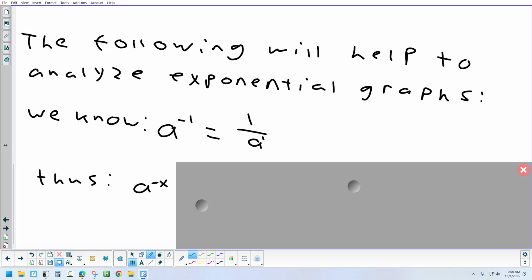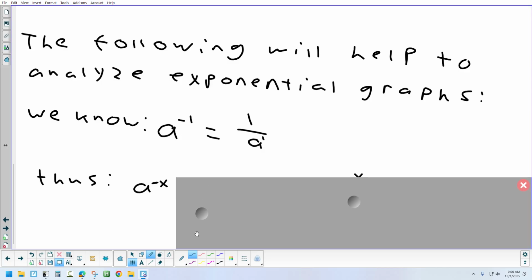Well, what does that symbol do to it though? Makes it a negative. So it's just like having a -1. Actually, let me do it like this. It's like having a to the -1 times x.